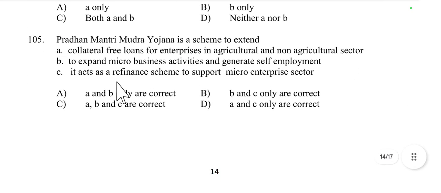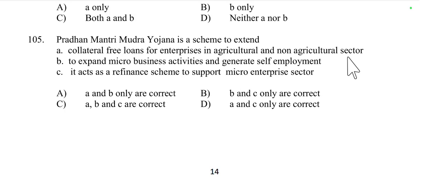Then question number 105. Pradhan Mantri Mudra Yojana is a scheme to extend collateral free loans for enterprises in agricultural and non-agricultural sector. So this is not correct, because Pradhan Mantri Mudra Yojana primarily provides loans to micro and small enterprises in the non-agricultural sector.